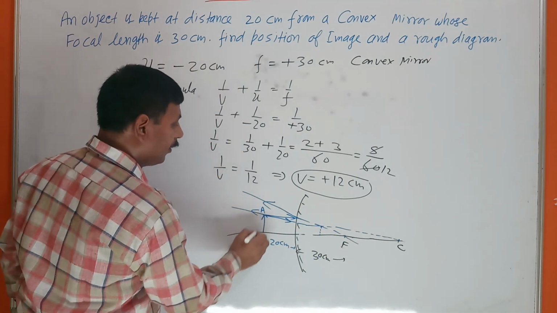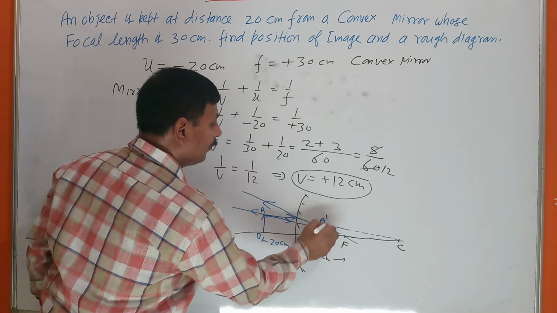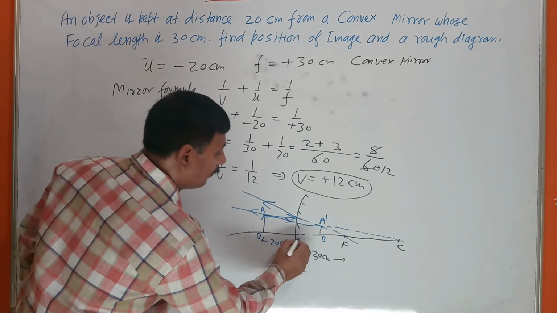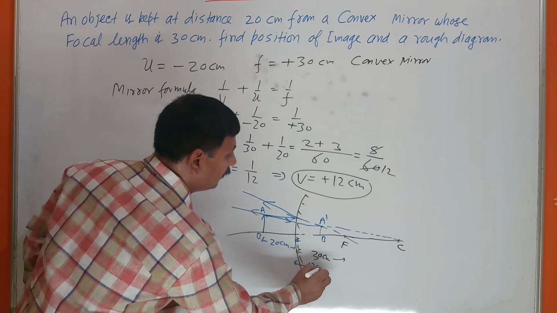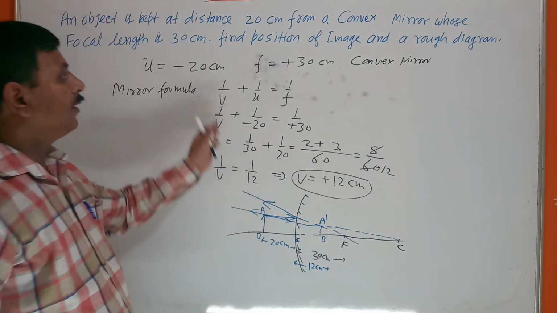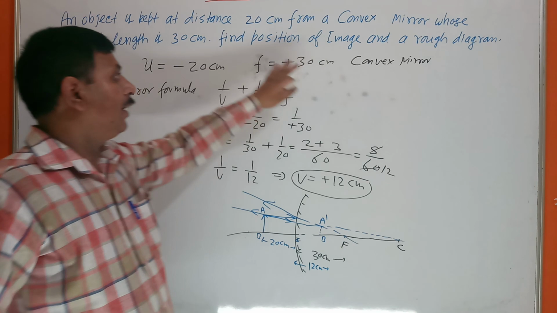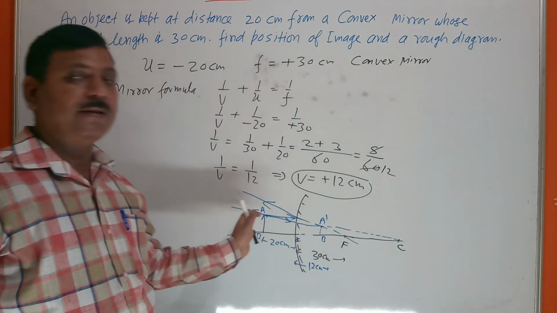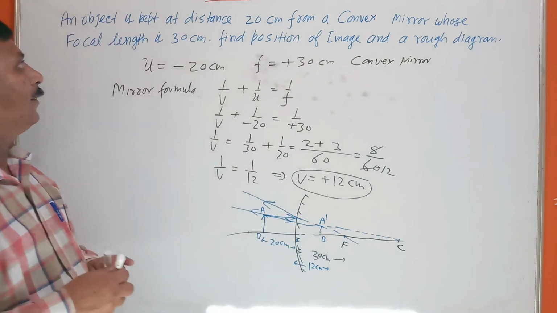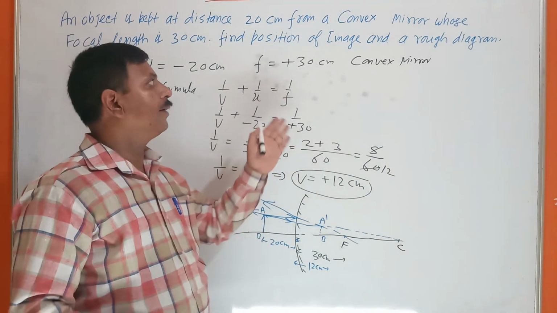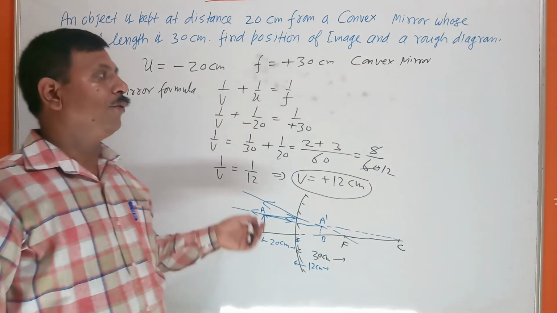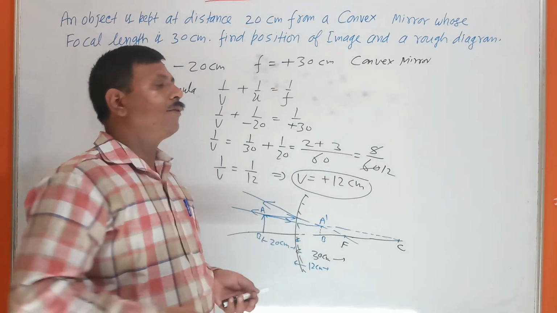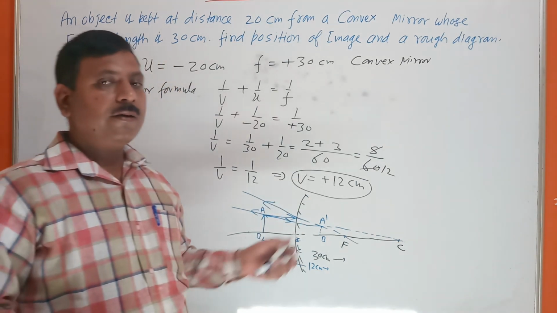So this is the object AB, the image will be A dash B dash. If you measure the distance from here to here, this will come 12 cm. So by the figure you can see that the image will form at 12 cm towards the right hand side. So by two questions I have explained how we use the mirror formula, and after that we will talk about the magnification.